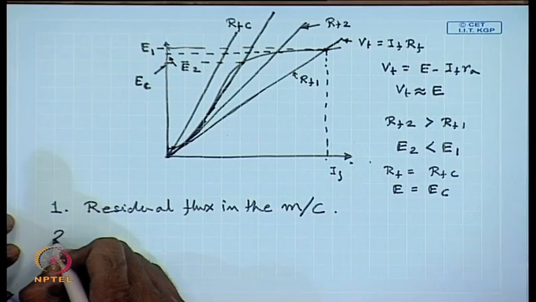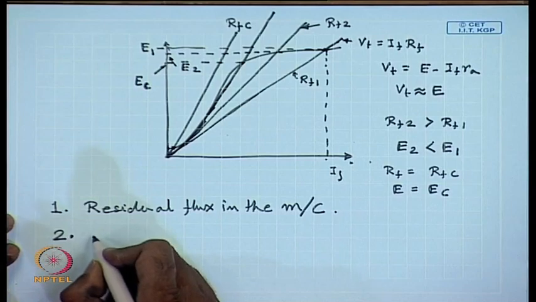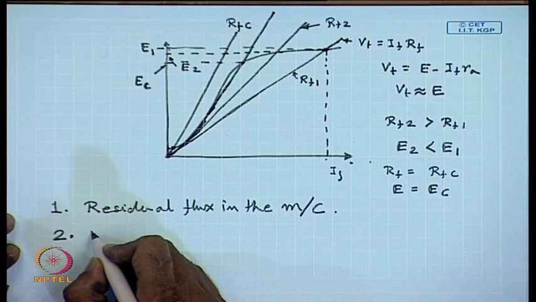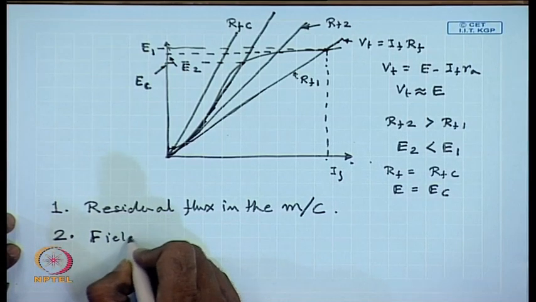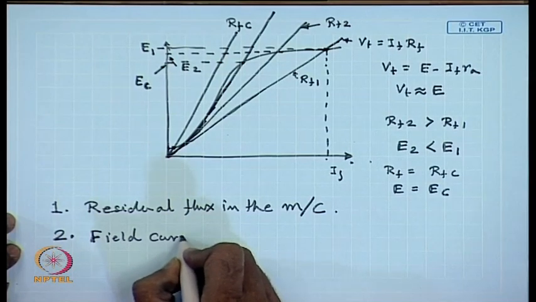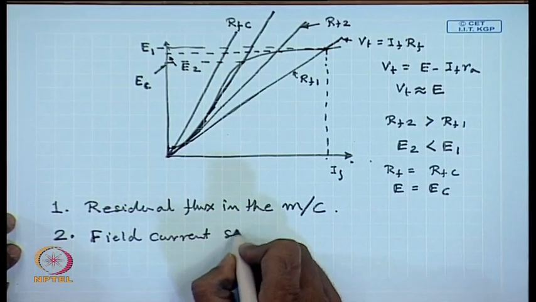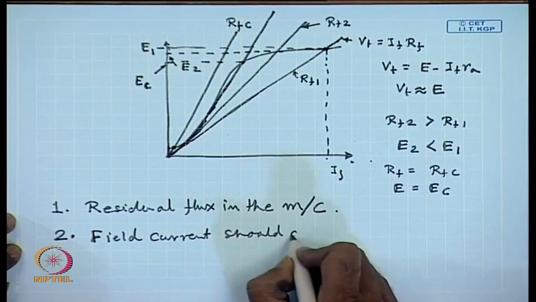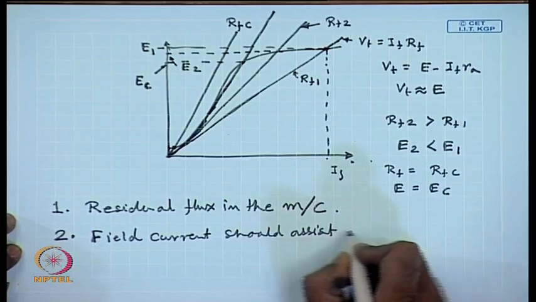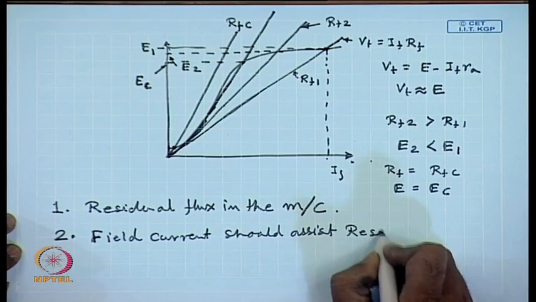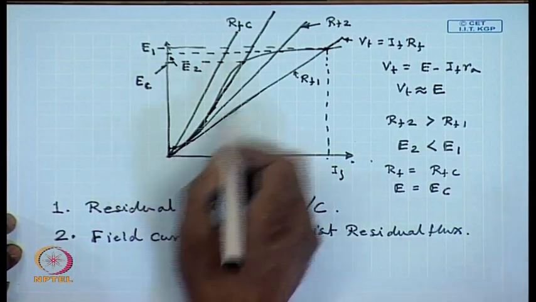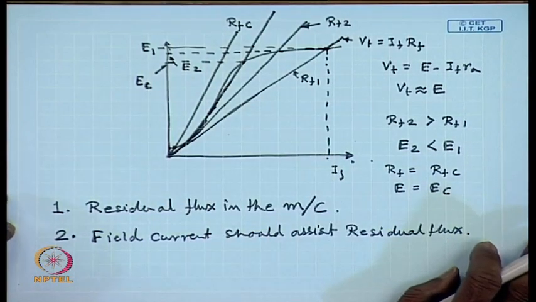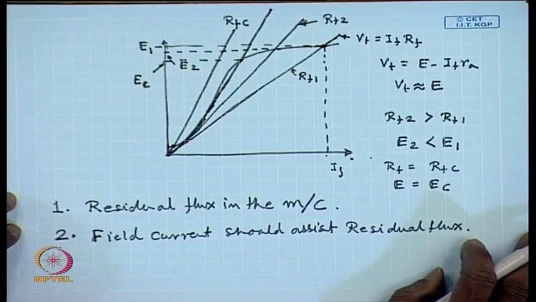Second, the field coil connection should be such that field current assists residual flux, so that as the field circuit is connected, the flux keeps on increasing.